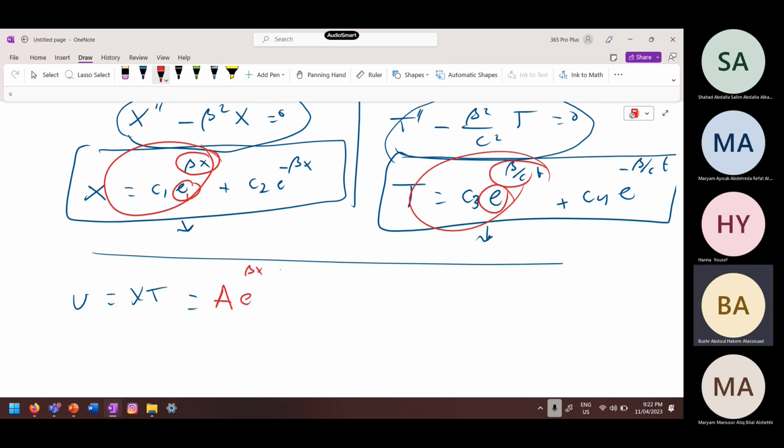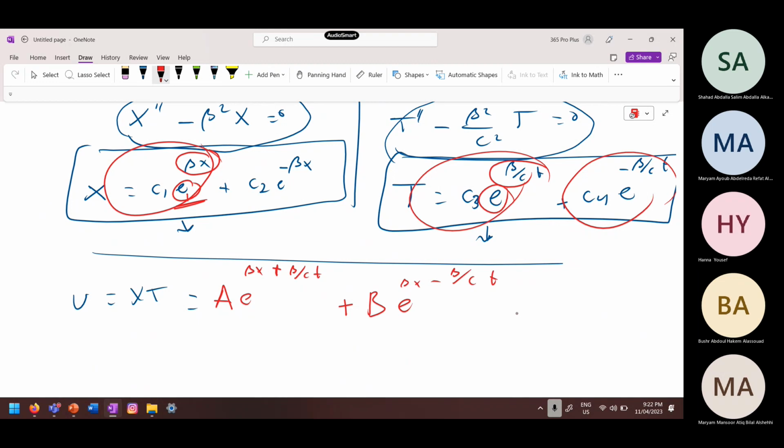So e to the beta x plus beta over c t, plus this multiplied with this. Again, a constant multiplied with a constant, same base, just find the summation of the exponents. So beta x minus beta over c t.